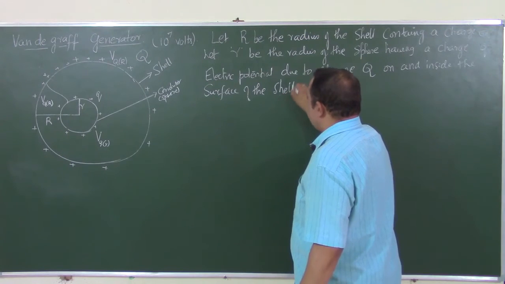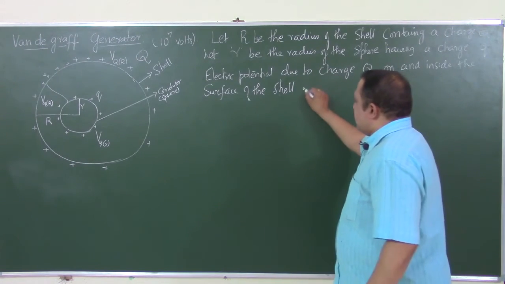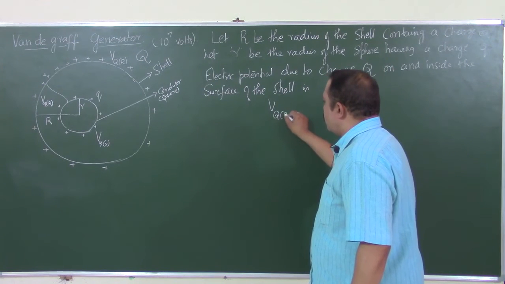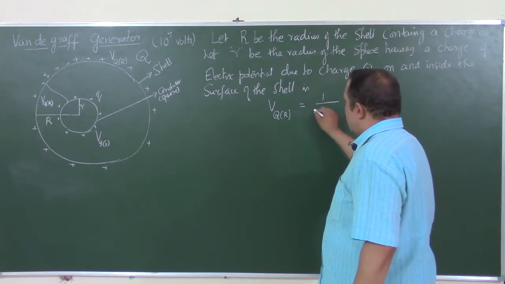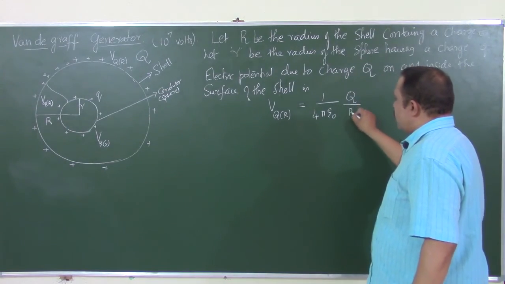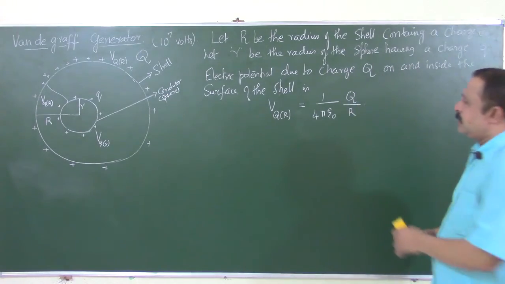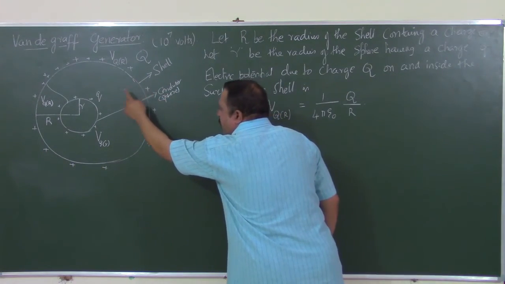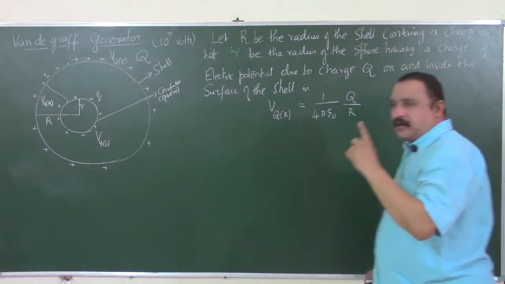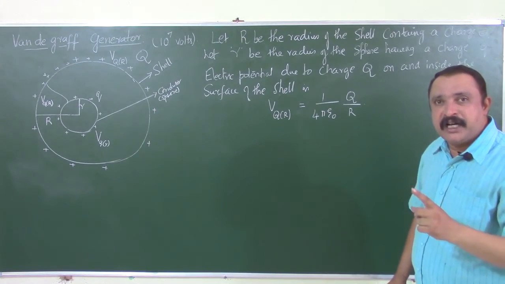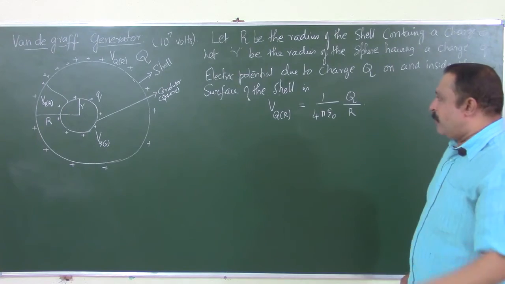I am now talking with respect to the shell. Is, we have denoted as V_Q of R, which is equal to 1 by 4 pi epsilon naught, charge divided by distance. This is the value of the electric potential just on the surface of the sphere and inside the sphere. Remember, on the surface and inside it is the same, because electric potential is constant throughout the volume.